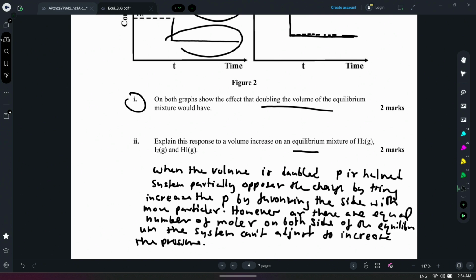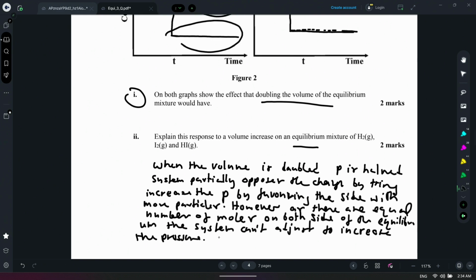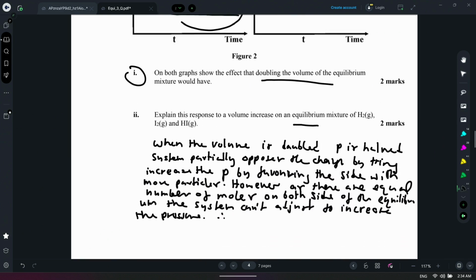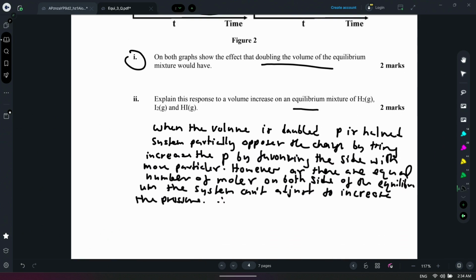So we said that the system cannot adjust to increase the pressure.